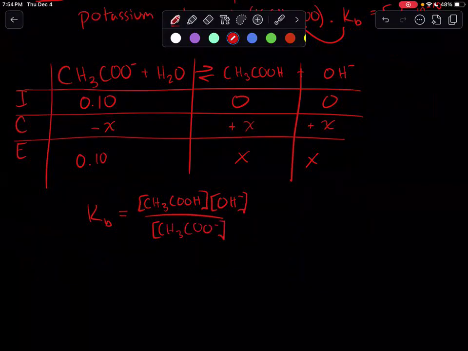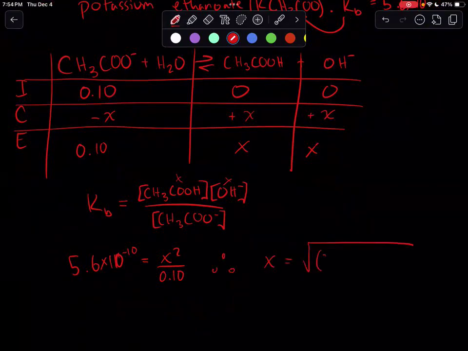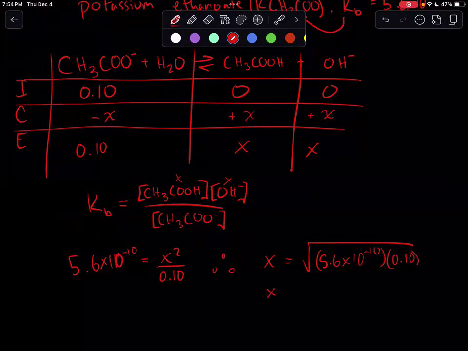I will now plug in my values, finding that I have 5.6 times 10 to the minus 10th, and that is set equal to x squared, because both of these are x, divided by 0.10. Rearranging this, I find that x is equal to the square root of 5.6 times 10 to the minus 10th times 0.10. Solving for x in my equation, I get 7.5 times 10 to the minus 6.